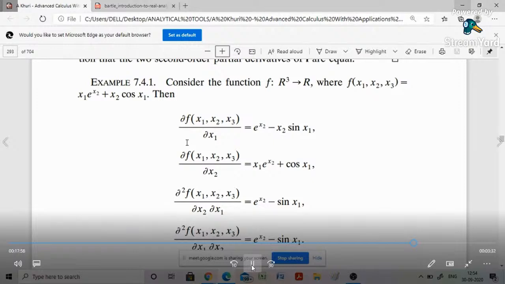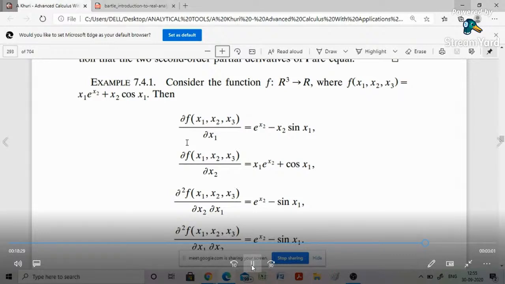No need to apply the product rule for the first term, just the derivative of e^x is e^x. So x1 e^(x2) plus, for x2 cos x1, just cos x1. That is the derivative with respect to x2.